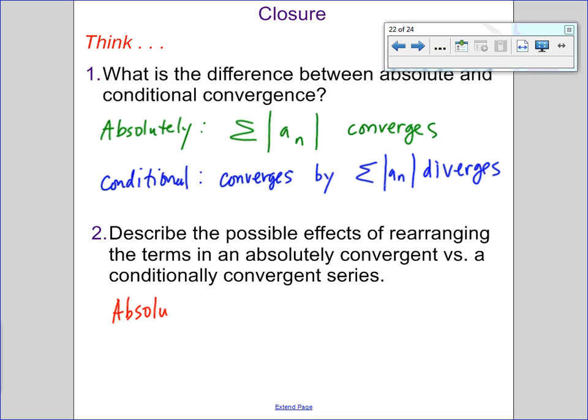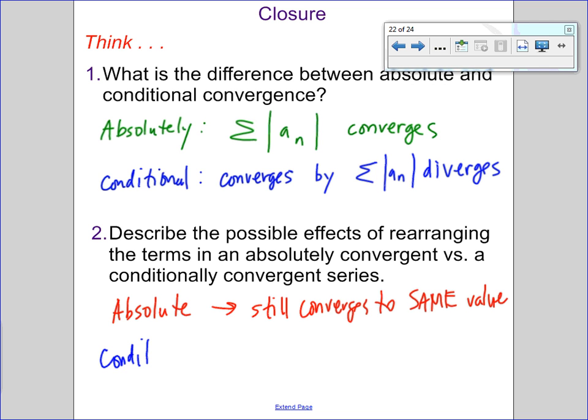Any rearrangement of an absolutely convergent series still converges to the same value, same sum. Good. Versus conditional, Danny? It can be manipulated to be divergent or converge to any value. Absolutely. We could rearrange a conditionally convergent series such that it diverged or converged to any predetermined sum.